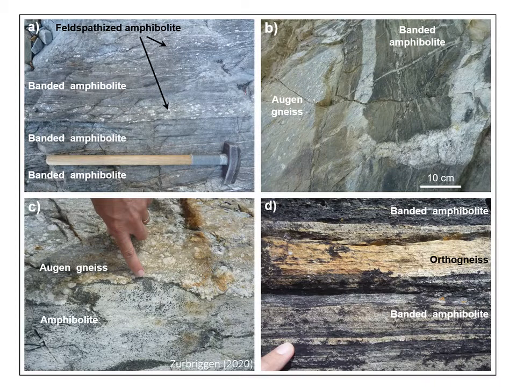Here's a compilation of further field observations. This comes from the Silvretta map, where I could make exactly the same observation of an interlayering of sheets of orthogneisses within sheets of banded amphibolites. Or here we can observe how augengneisses are associated with amphibolites.